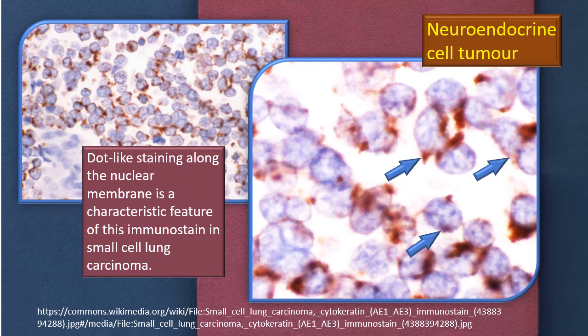I pointed 3 blue arrows with a prominent head. The tip of the arrowheads are showing those dot-like staining, which is a characteristic feature just beneath the nuclear membrane. This is one of the characteristic feature of these cells. Here, this is an example of small cell carcinoma, a type of neuroendocrine cell tumor.